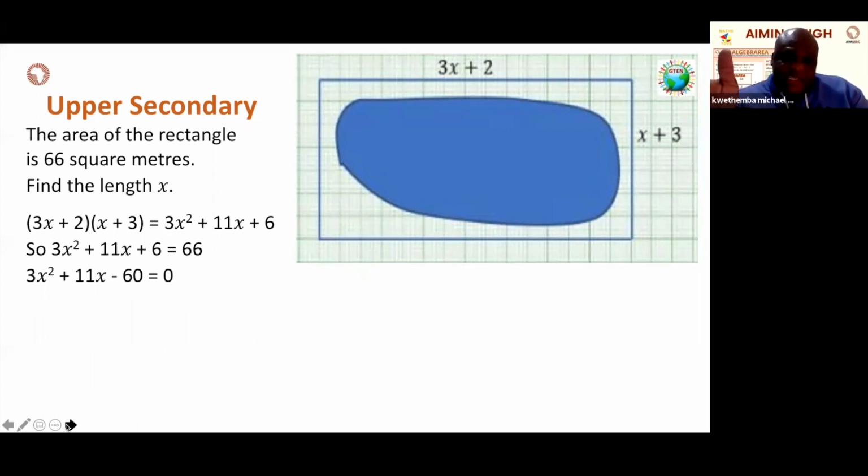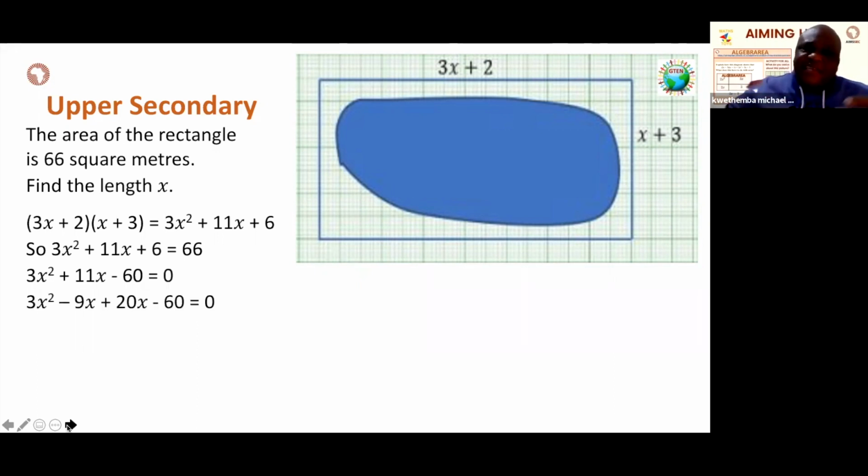The challenge at this level will be to come up with the idea of factorizing, but through some trial and error, because we have been multiplying bracket by another bracket, you will find learners opening and closing brackets, or they will think, but 11x, I can make it from 20x minus 9x. So if I add negative 9x to 20x, I get 11x.